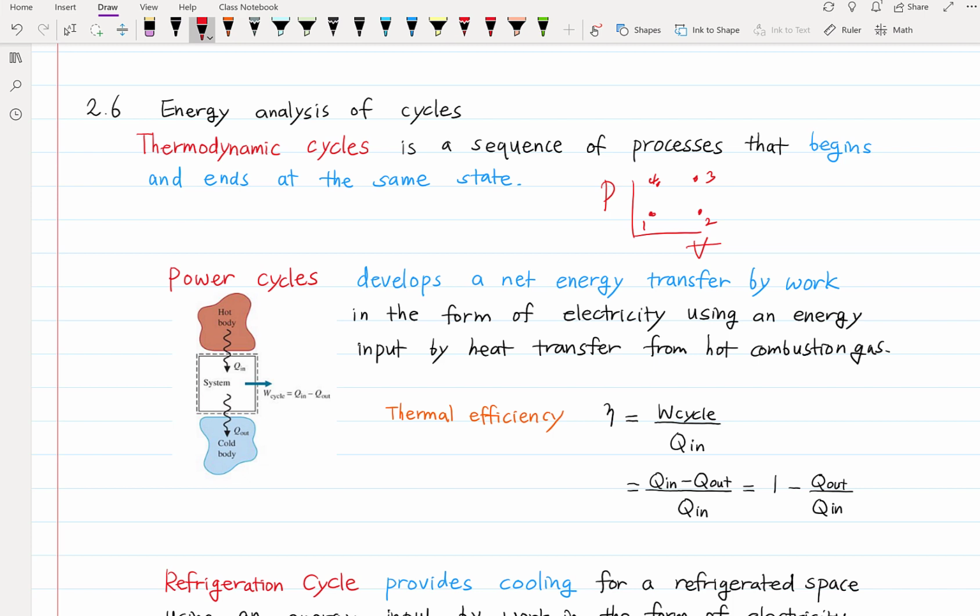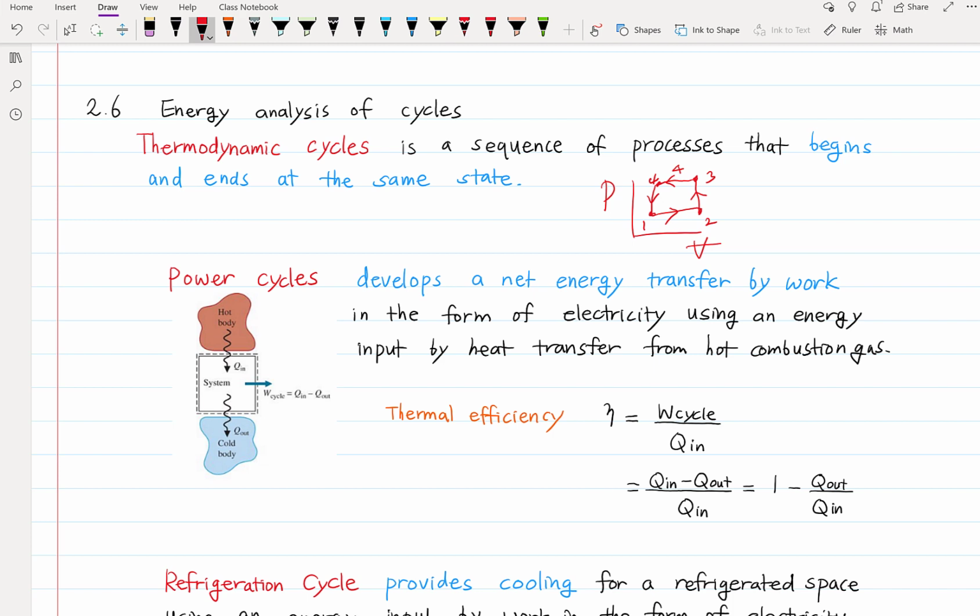So initial state 1, it moves to state 2, then state 3, then state 4, and we return back to initial state 1. So the initial state and the final state are the same. It is a thermodynamic cycle.